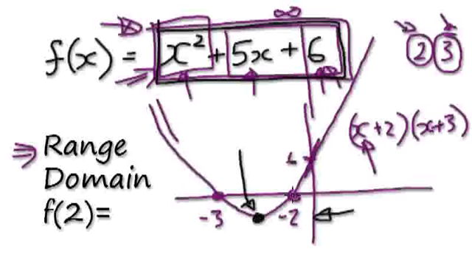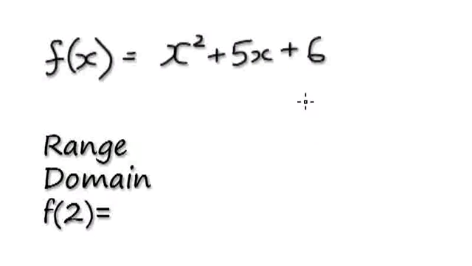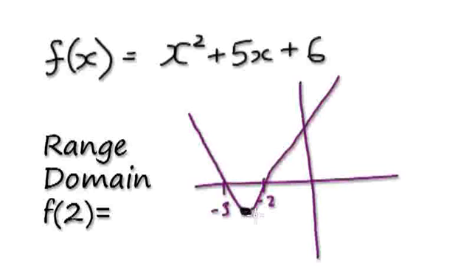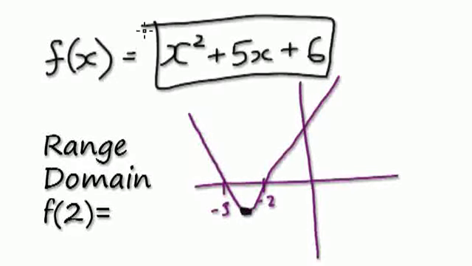Let me clear this. To find out this point here, you need to complete the square. So far we've got minus 2 here and minus 3 here, and the graph looks something like this. We want to know the lowest point that f of x can be. The way you do that is to complete the square.